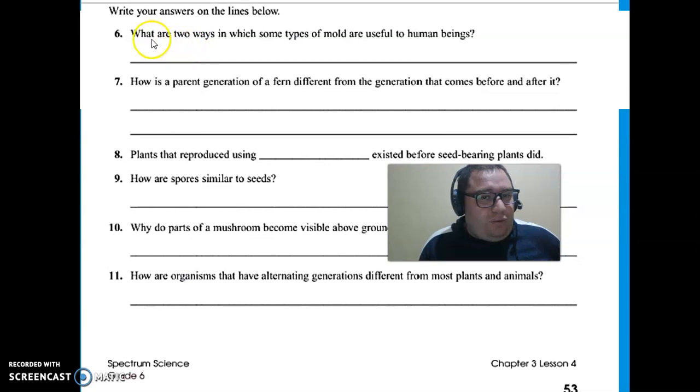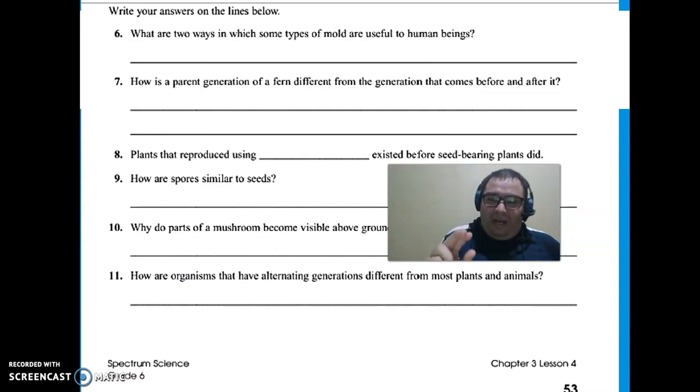What are two ways in which some types of mold are useful to human beings? I didn't explain this part. Penicillin is a medicine that is most of the time produced by fungi. It's awesome. One fungus, or one kind of mold or mushroom, some kinds of these organisms, are medicine.